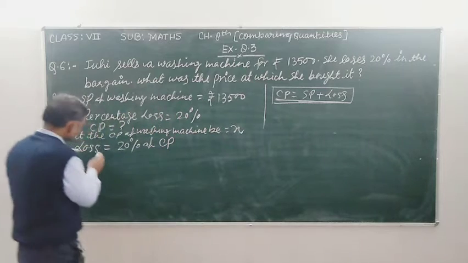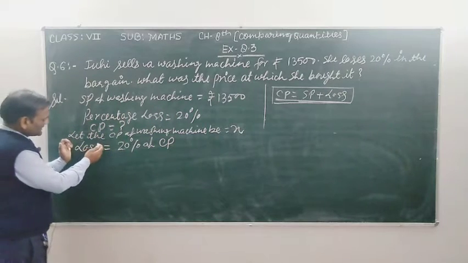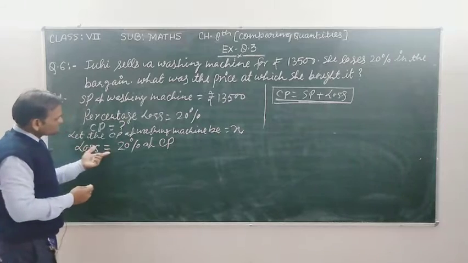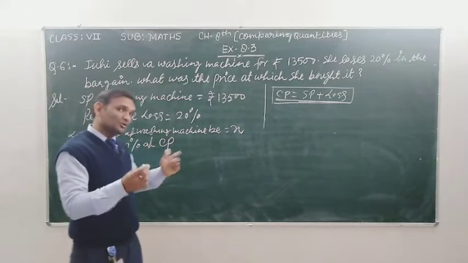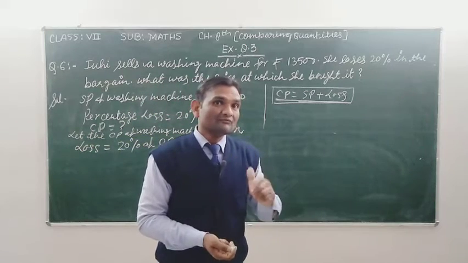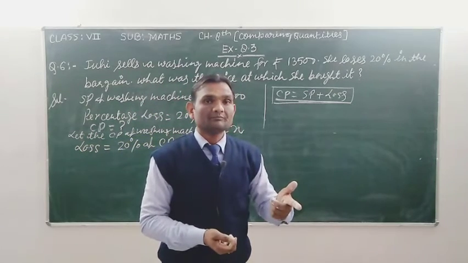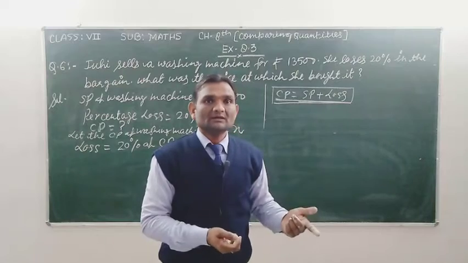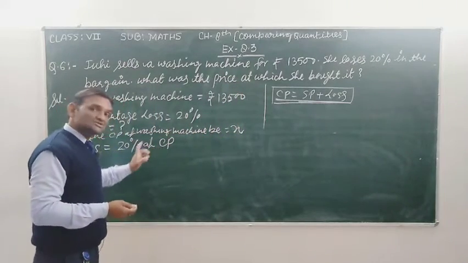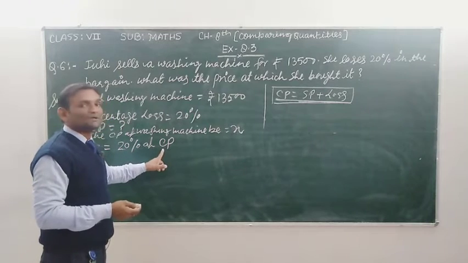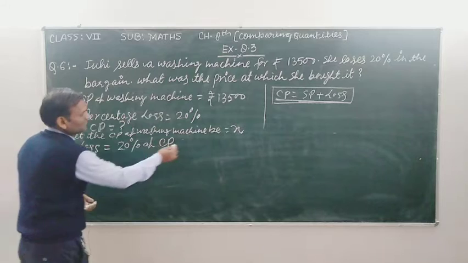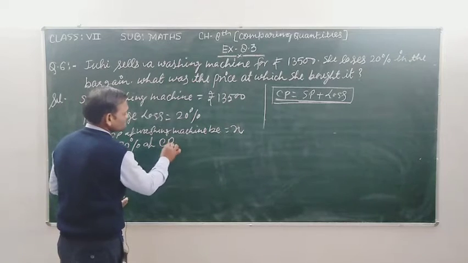So firstly student, we are finding the loss. So loss is equal to 20% of CP. I have told you, loss or profit we always find on CP, not on SP, not on any other amount. Always we get profit or loss on CP. So CP is X. So we can put X in the place of CP.